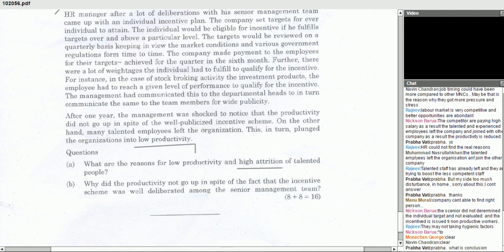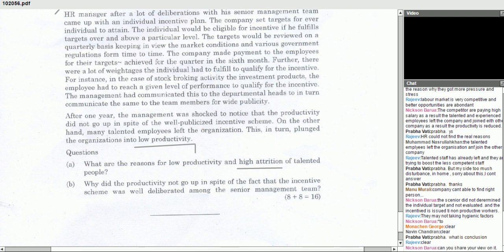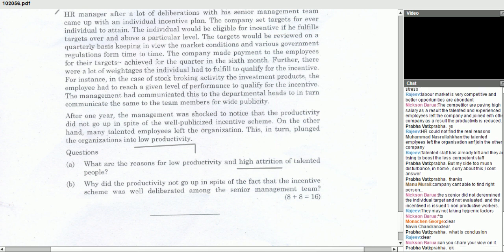Or is it clear? What is the conclusion? Conclusion I just told Prabha. I just gave my point of view, Nixon.